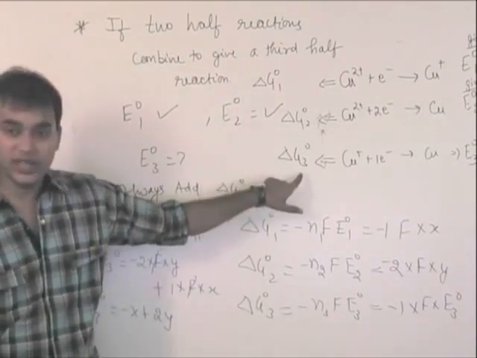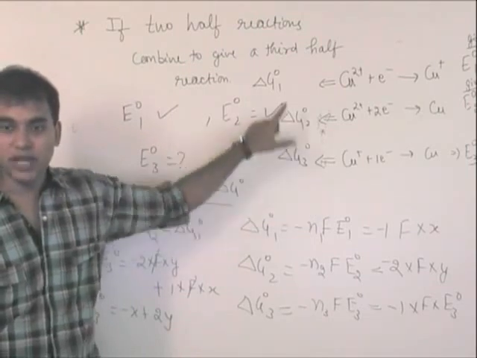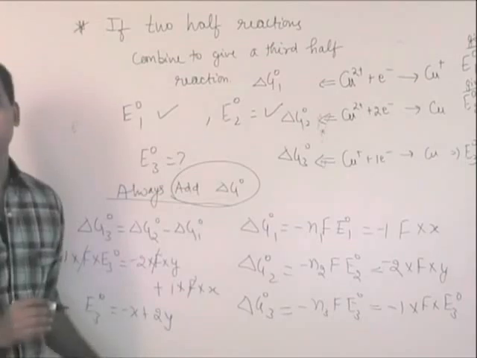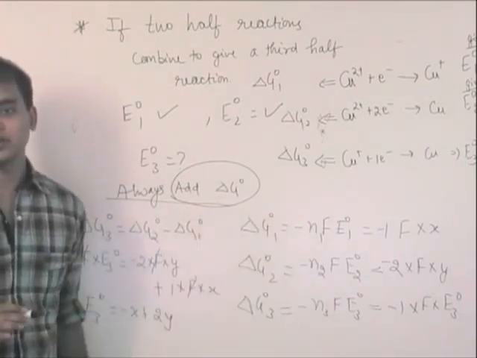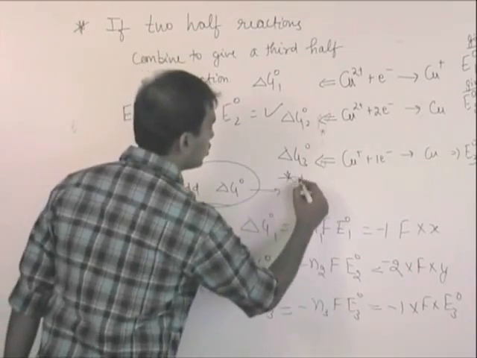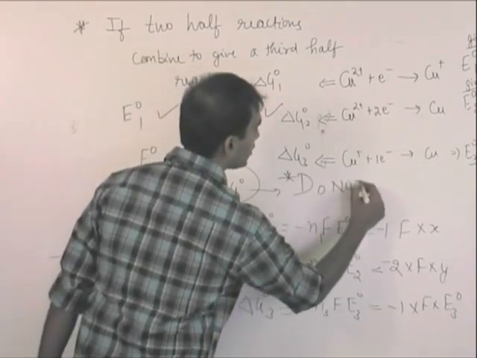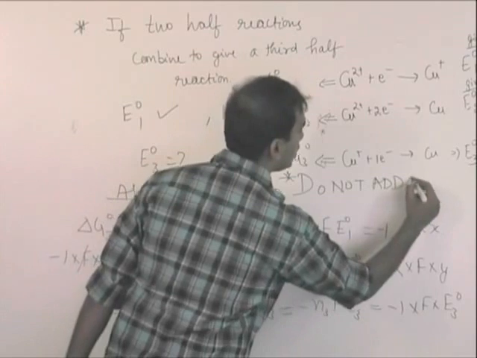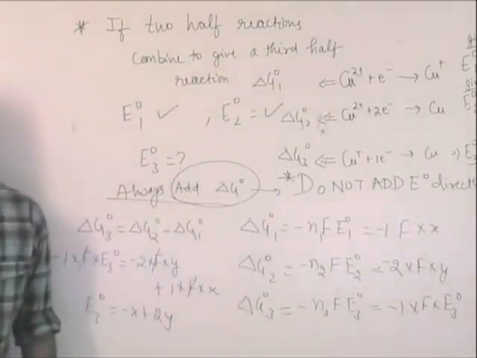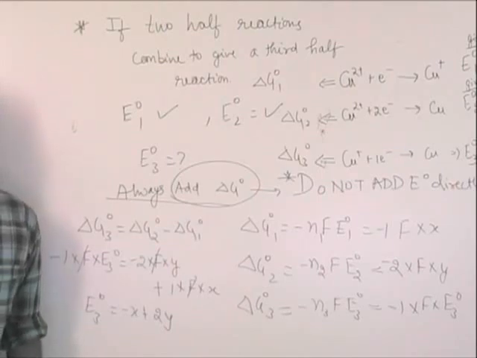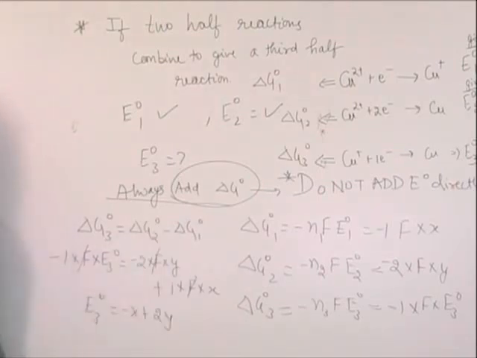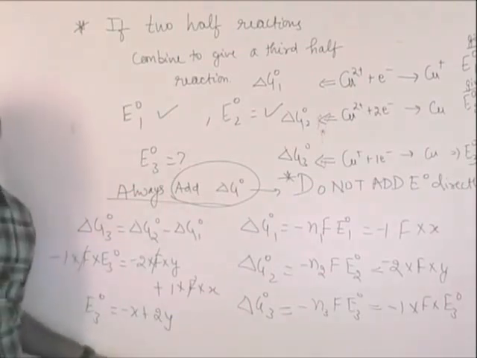So if I have to find E naught for this, it is simple that I add delta G naught and get the equation, rather than directly adding E naught. So remember this thing, do not add E naught directly. Simple enough? Are we clear? Just write it down. Everyone is clear with the fact?